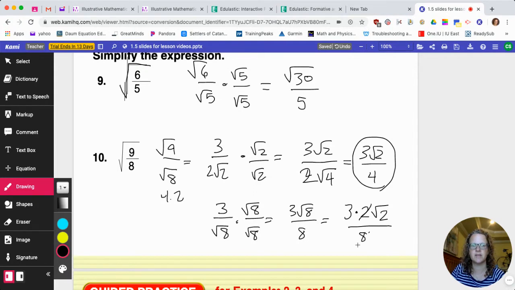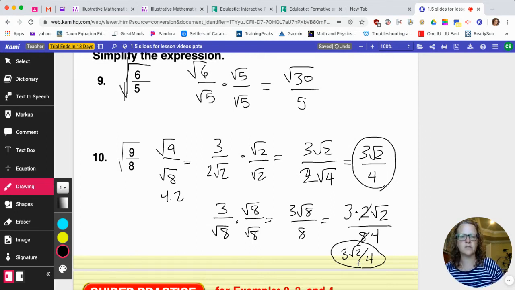And I can simplify this. And I end up with the same answer. So if you think about it, simplify first and then keep going in your math. If you don't, you'll still get to the most simple answer.